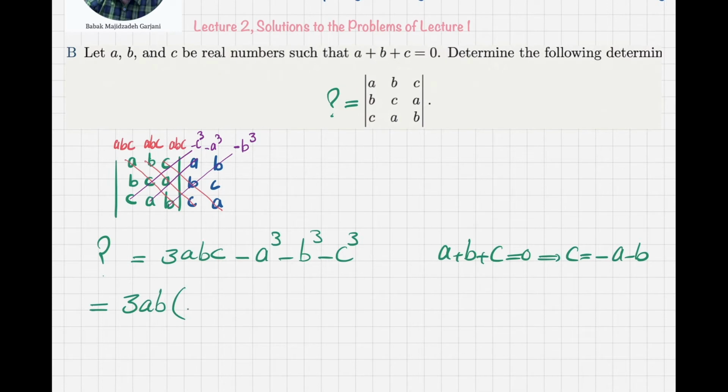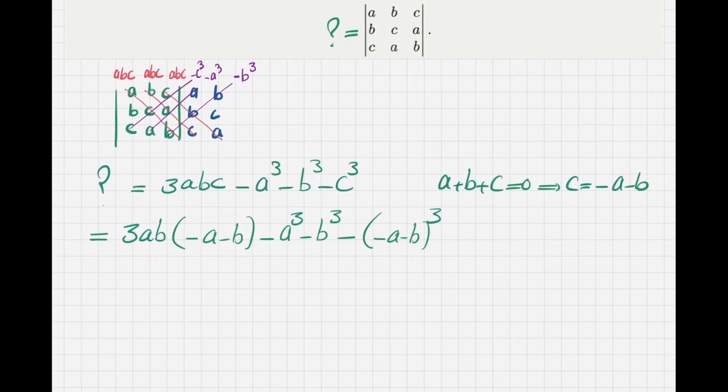Instead of c, I put minus a minus b, and then I have minus a to the 3 minus b to the 3. Then I will have minus, a minus b, to the 3. I will try to simplify this expression. So I will multiply 3ab inside, so it becomes minus 3a squared b minus 3ab squared.